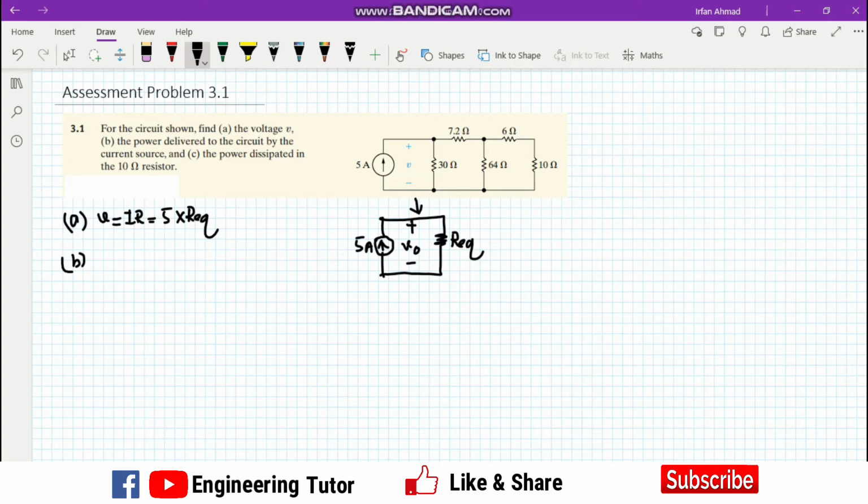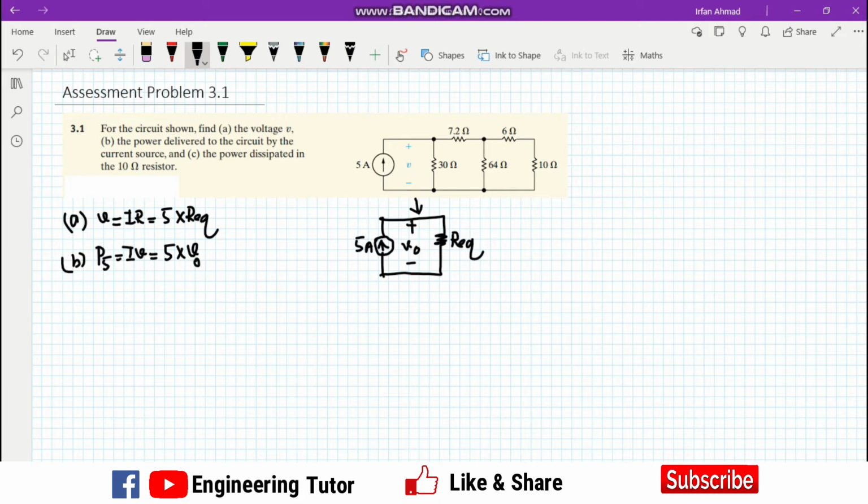This is the current source, and we have to find out the power delivered by this source, which we know can be found by this formula. We know the value of I, but we don't know the value of this V naught. This is V, or we can also call it V naught.